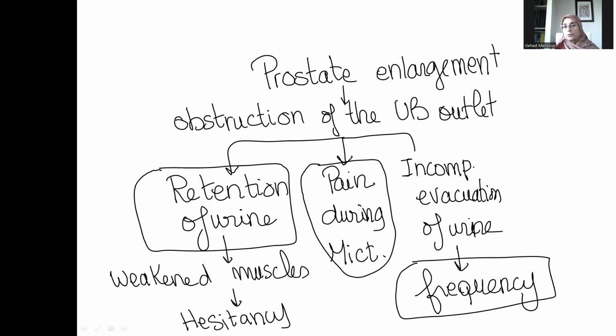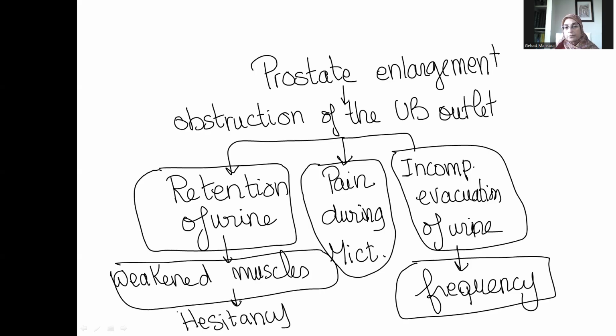So all the symptoms of prostatic enlargement mainly arise from obstruction of the outlet. Obstruction of the outlet leads to retention of urine and therefore to chronic dilatation of the bladder and therefore weakened muscles in the wall of the bladder. And since the muscles are weak, the patient cannot initiate the process of micturition and there is hesitancy.